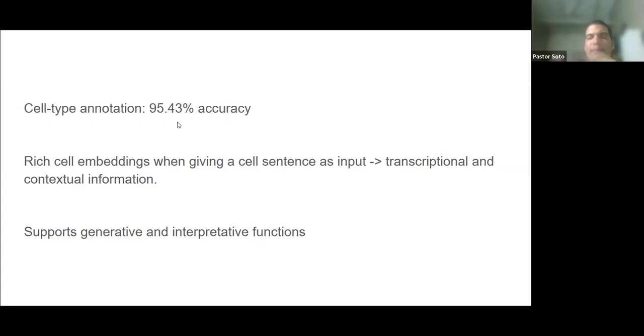Essentially, it takes the cell sentence, transforms it into a numeric value, and then goes from that numeric value to the actual gene expression. So they allow transcriptional and contextual information, and have an embedding with a lot of information, and they also support generative and interpretive functions.